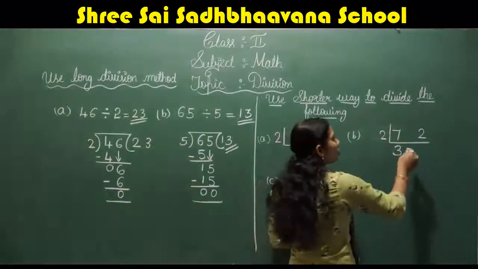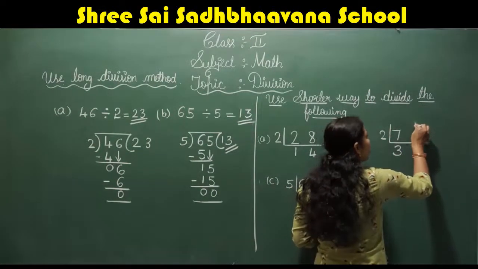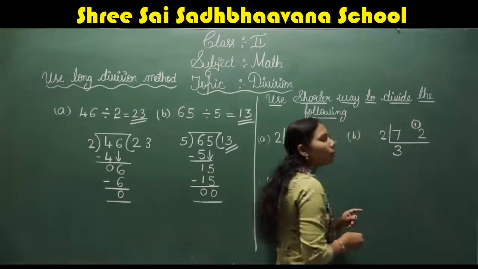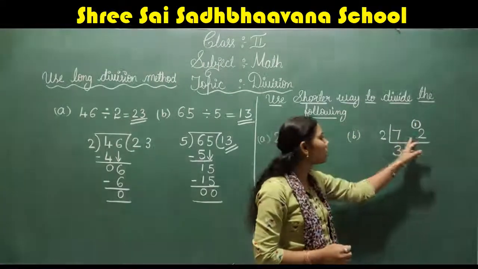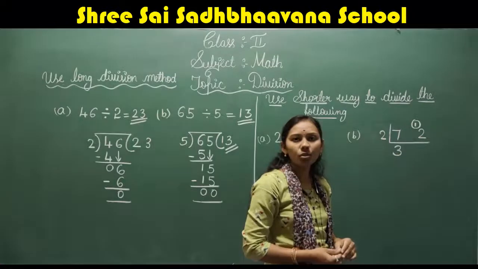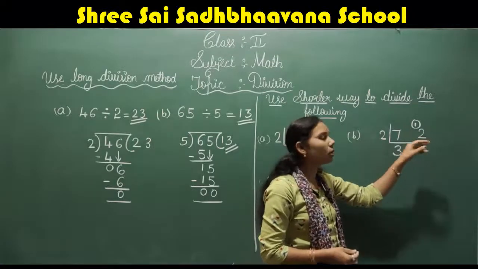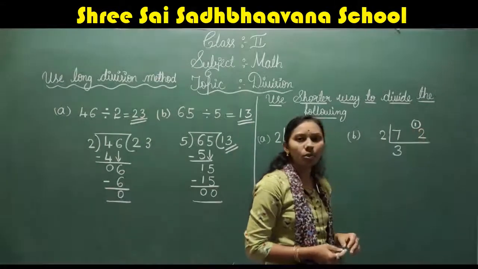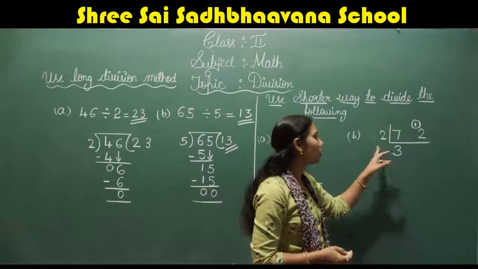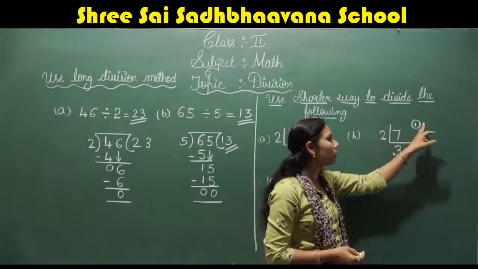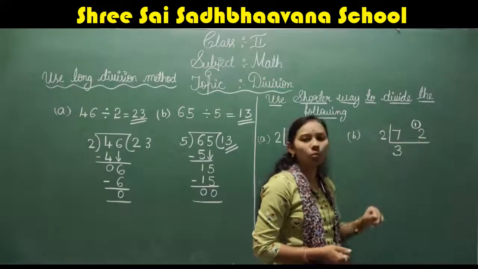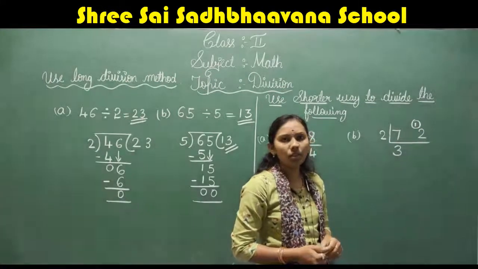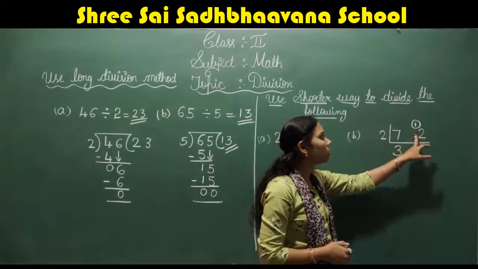So that 1 you are going to write upon the 2. So that is 1 ten, 2 ones. Upon the number 2 you are going to write that. Okay, that will become 12.